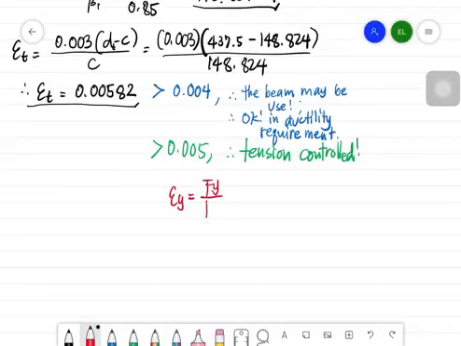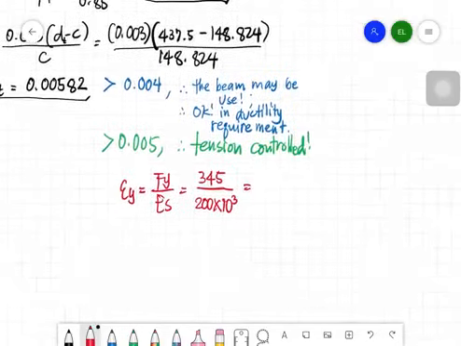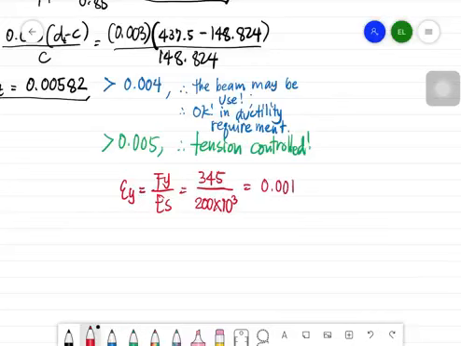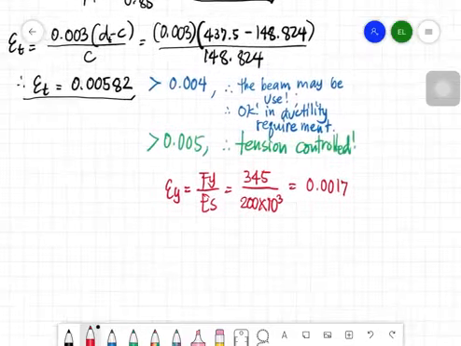So this is 345 over 200 times 10 raised to 3, or 200,000. This is equal to 0.0017.